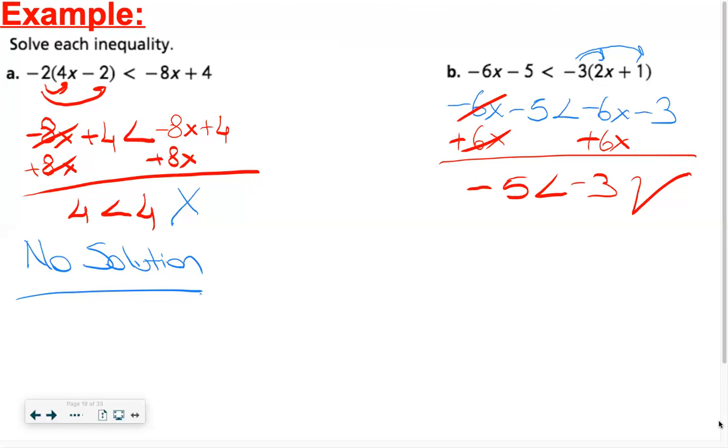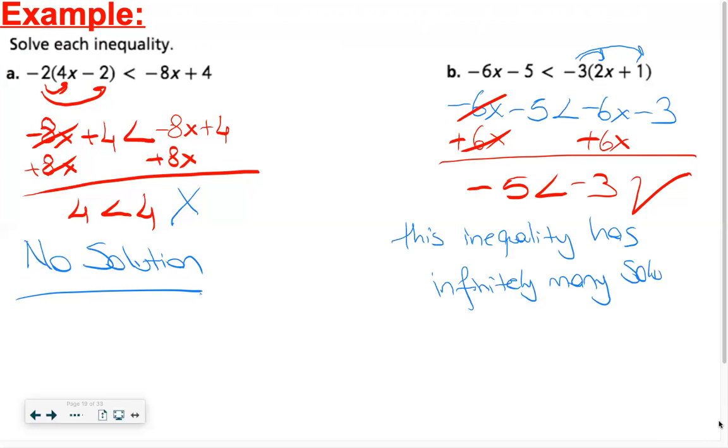Yes, because -5 is always less than -3. That's the reason this inequality has infinitely many solutions. And this is the end of our session.